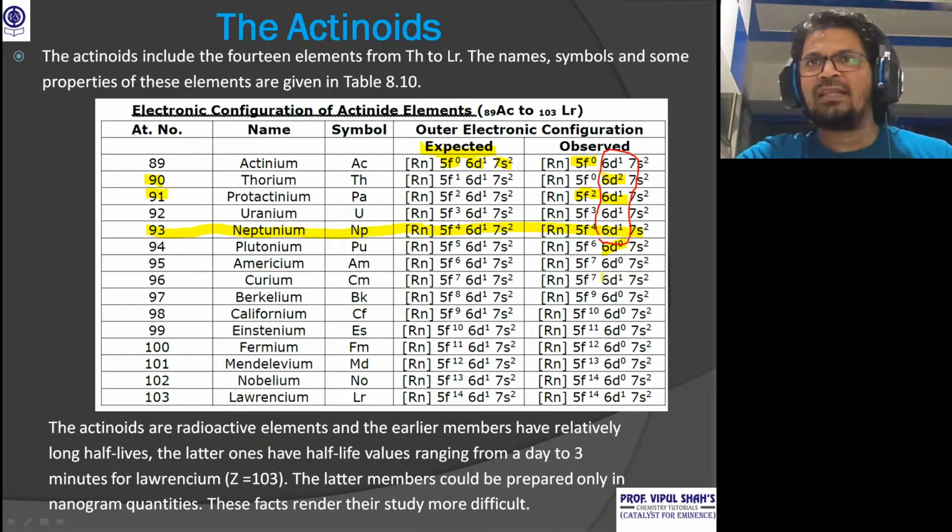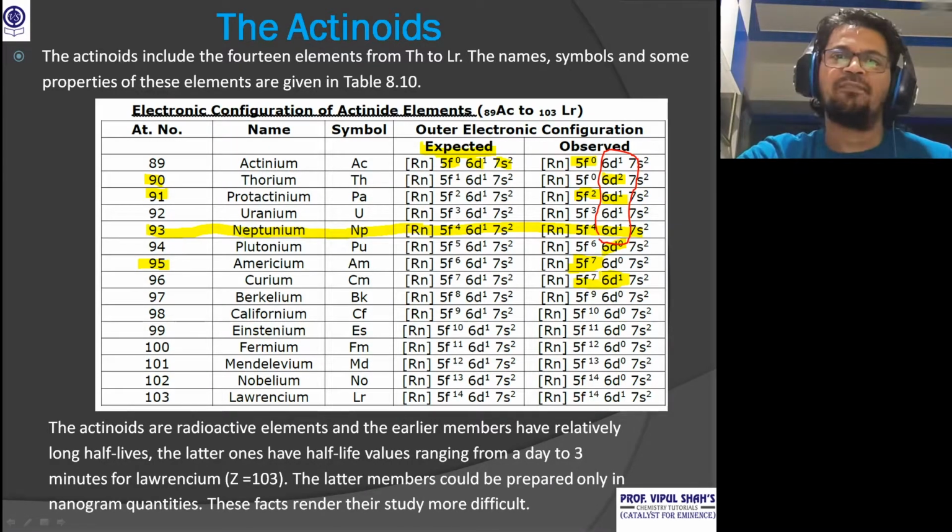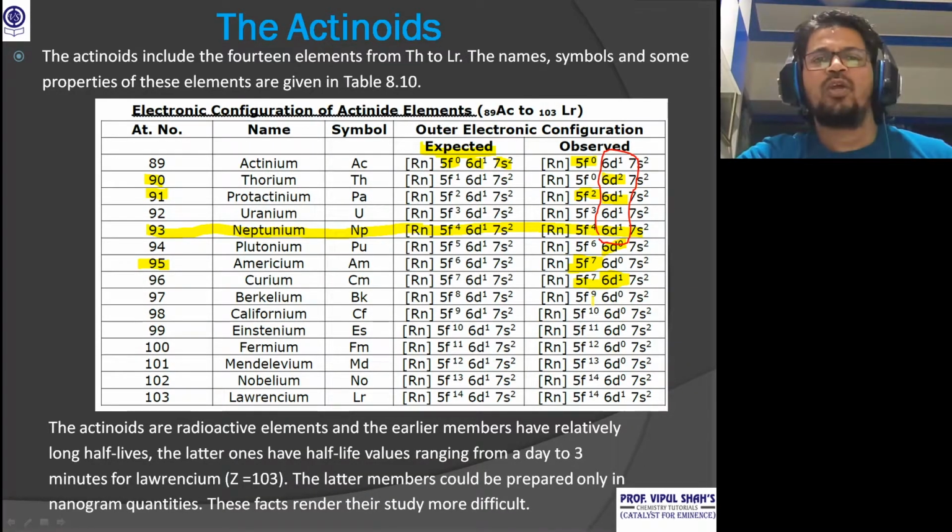And then again, americium 95, where it acquires, just see here in the observed, 5f7. After 5f7 the next electron comes, that's for curium, named after Madame Curie. Then after 5f7 one more electron goes into 6d. So with respect to half filled, again one goes, and then from berkelium, Berkeley, the place where the chemist Seaborg had his laboratories, where he discovered these elements.